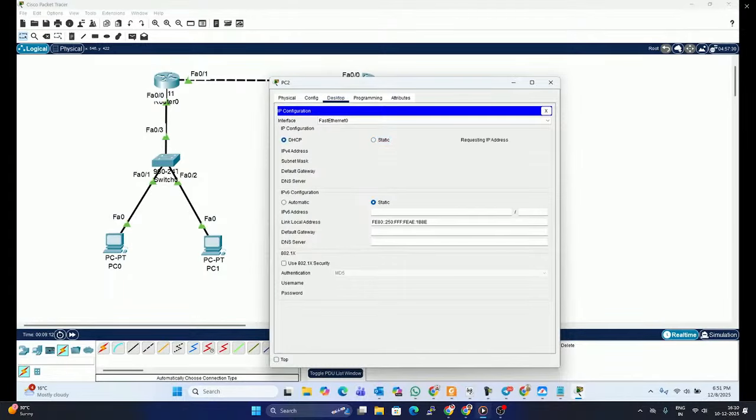So now if we go back to the DHCP, you will notice that the users are getting an IP address.